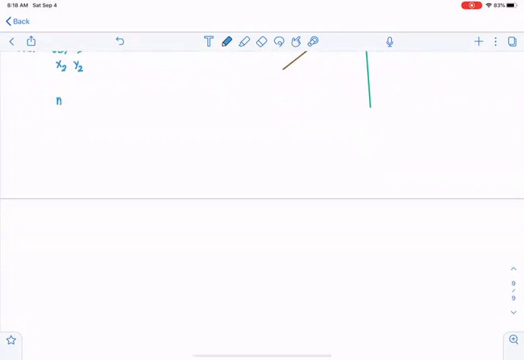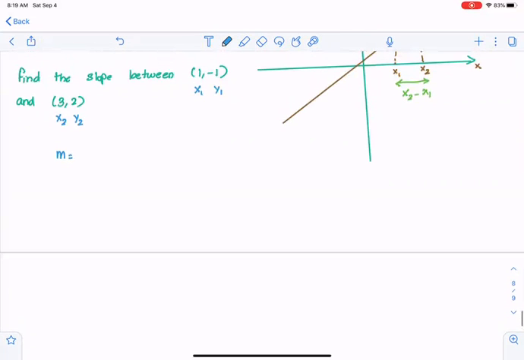So this slope m is y2 minus y1 divided by x2 minus x1. y2 is 2 minus, anytime you see a negative number, it is good practice to put that inside parentheses, (-1).